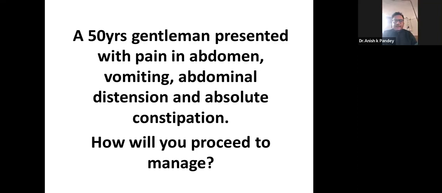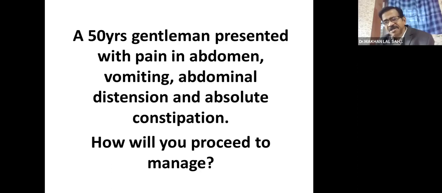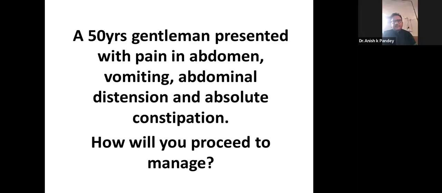What is the classic plain X-ray feature in acute sigmoid volvulus? If you see the picture, you can make out this is a sigmoid volvulus. There is a coffee bean sign, sir. What is the anatomical explanation of the coffee bean appearance?